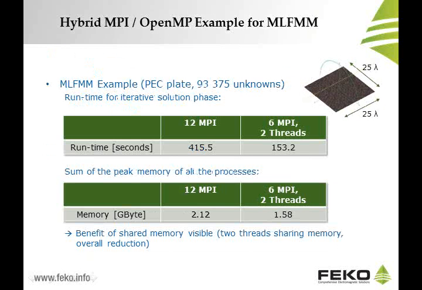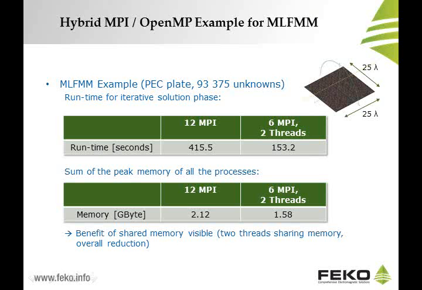For the MLFMM, as I already mentioned, we have intentionally implemented a certain local caching of certain transfer arrays for the MLFMM transfer function calculation to avoid too much communication going back and forth all the time. So it's a kind of compromise between memory and runtime.